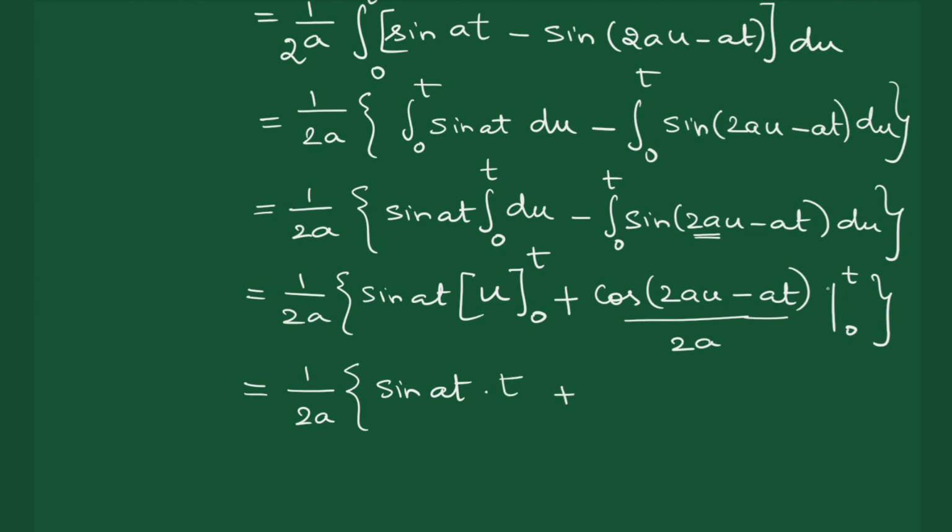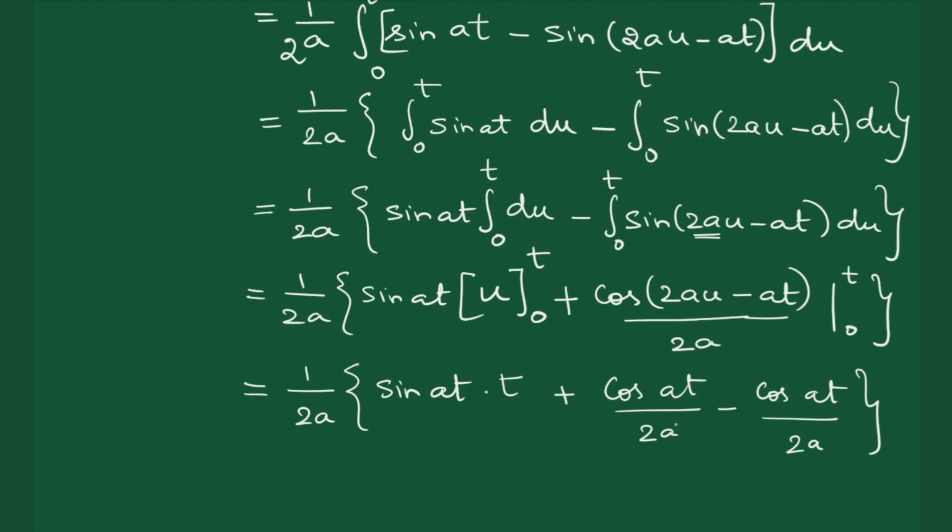Plus, while putting upper limit t here, 2at minus at will give you cos at divided by 2a, minus the lower limit 0, which will give you 0 minus at, that is minus at, but cos of minus theta is cos theta, so cos of minus at we can write as cos at divided by 2a.